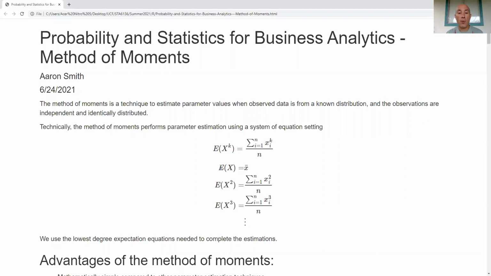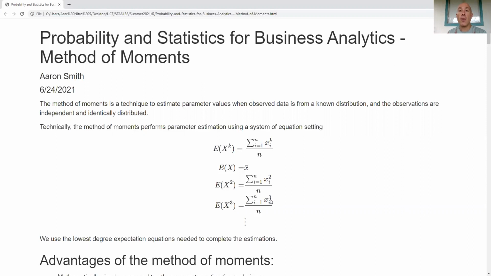The first expected value is set equal to the sample average, so population average equal to sample average. That's very intuitive. Then the second moment, the expected value of x squared, is set equal to the average of my squared data. Then the expected value of x cubed is set equal to the average of my cubed data.